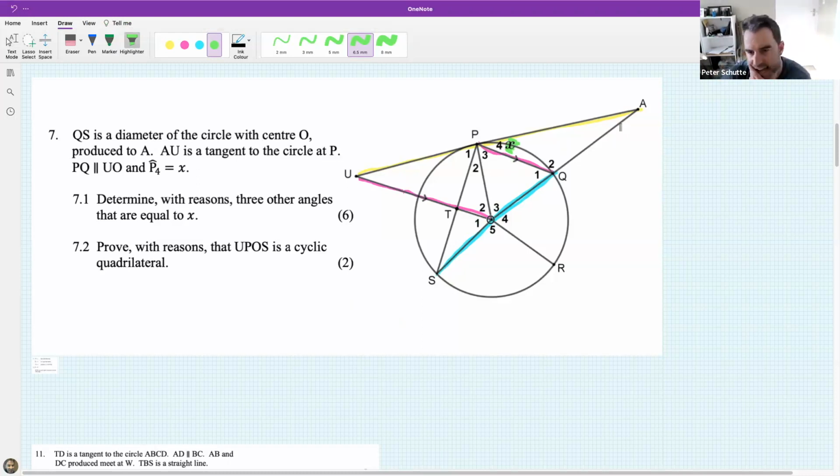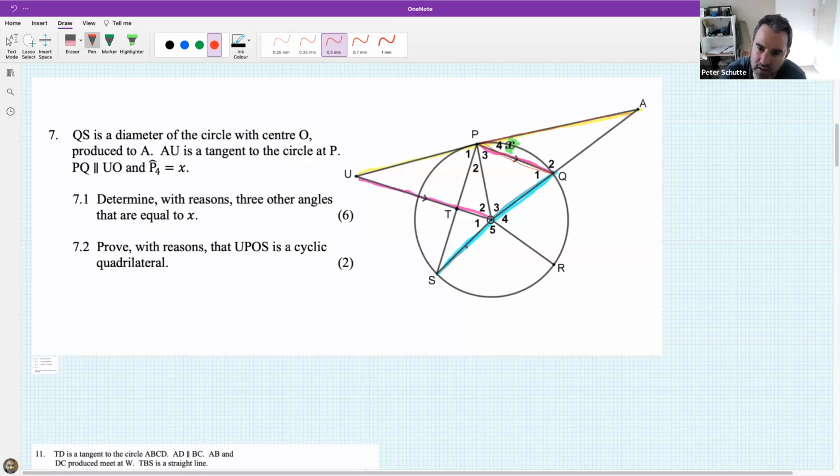Let's have a look. I don't know if I would go with A. What I was thinking is, if this is a tangent, if the yellow bit is a tangent, normally the angle between the tangent and the chord, so let's say like that angle.